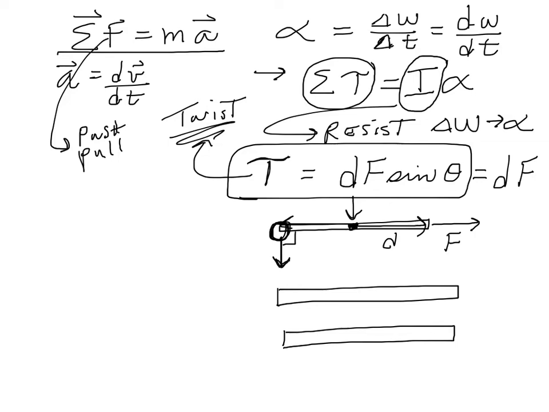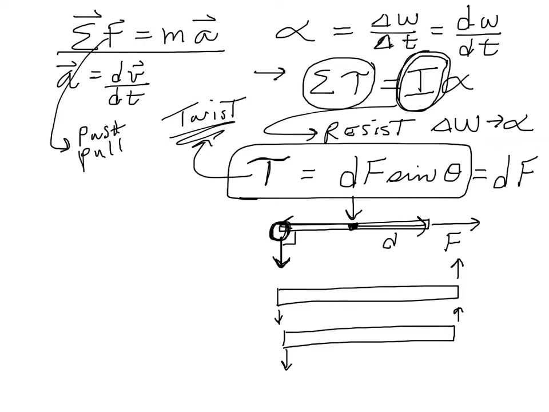But if you grab them in the middle and try to twist them, they're quite different. And why are they different? Because the rotational inertia, the I up here, depends on the mass and the placement of the mass.